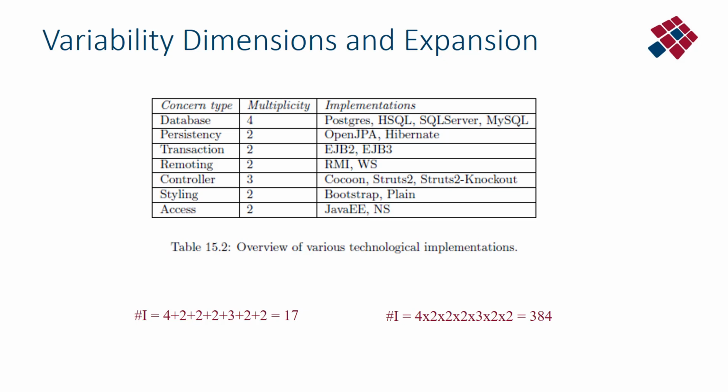If you take the sum of 4, 2, 2, 3, 2, and 2, it's 17. You take the product, it's 384. So you get a great variation if you separate it well.